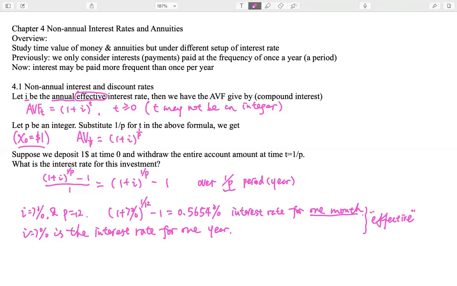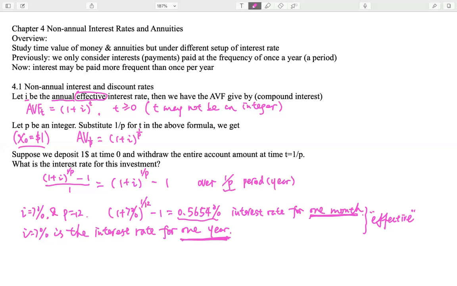So the thing is, you must match exactly this time interval to get this interest. In order to get 7%, you need to put your money in the account for exactly 1 year. Similarly, for this, you need to put it in a savings account for 1 month. So you should match this time.